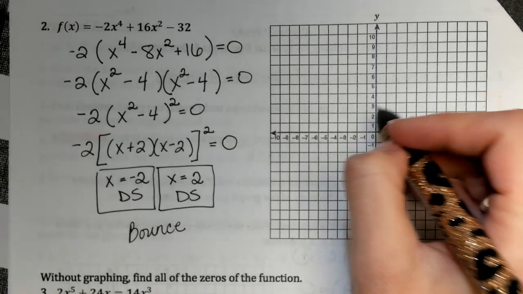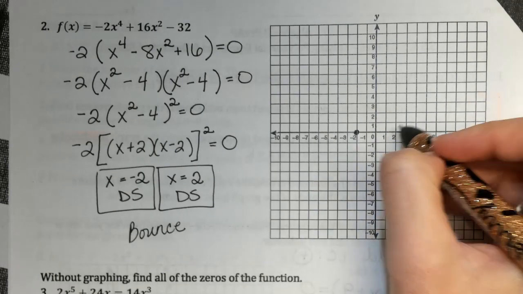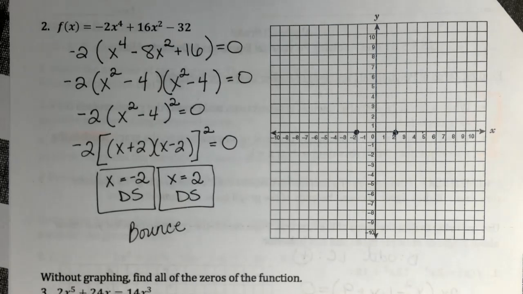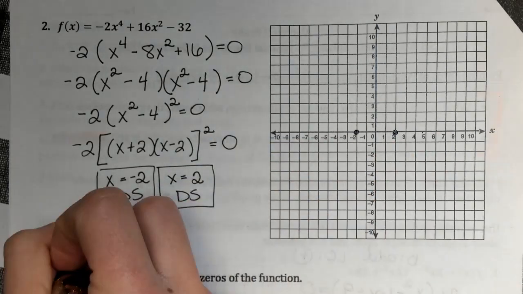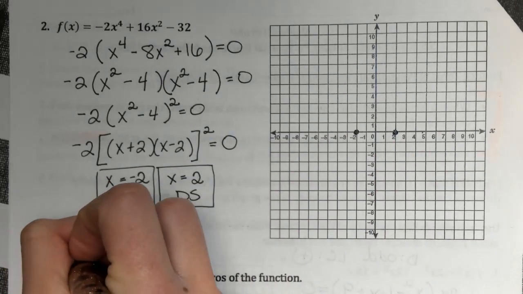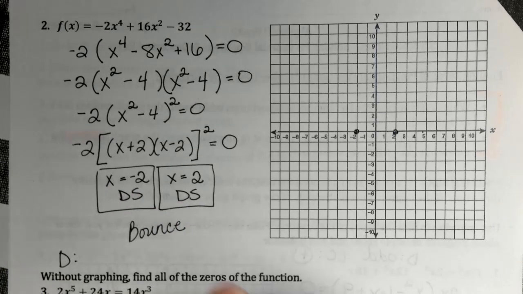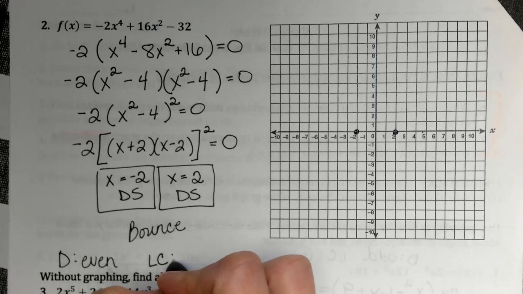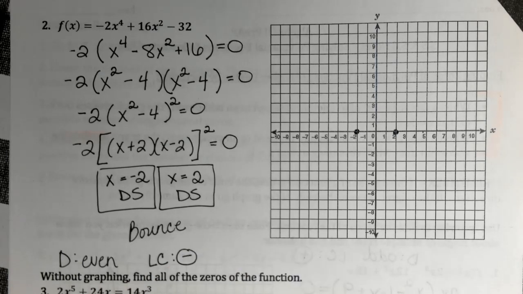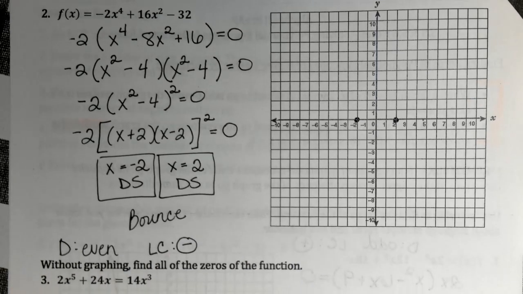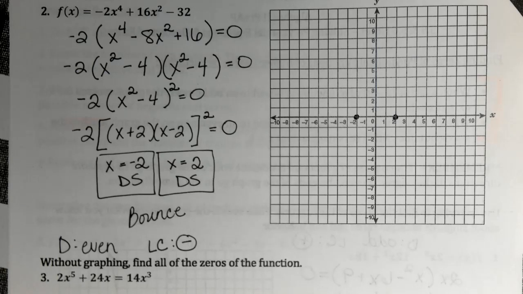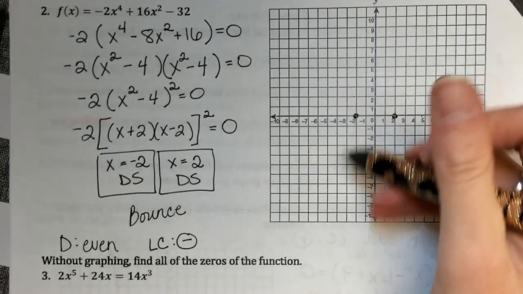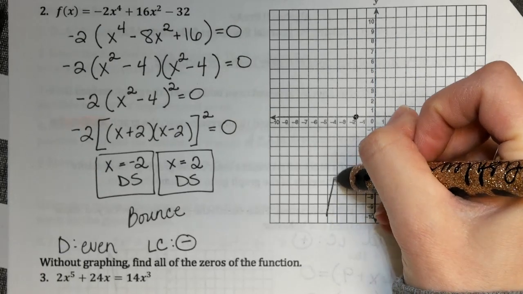Okay, so I've got my negative 2, I've got my 2. Okay, my degree, is it even or odd? Even. My leading coefficient is negative. So what do I know about my end behaviors? They're both going to go down. So I start down, I come up to negative 2.